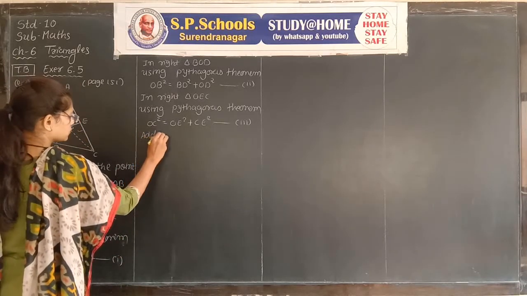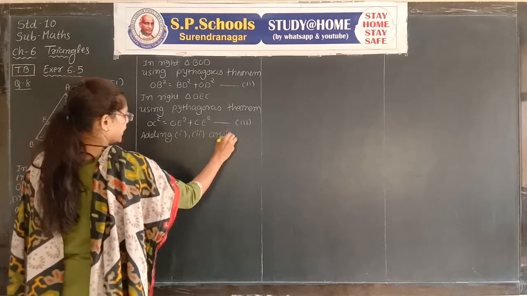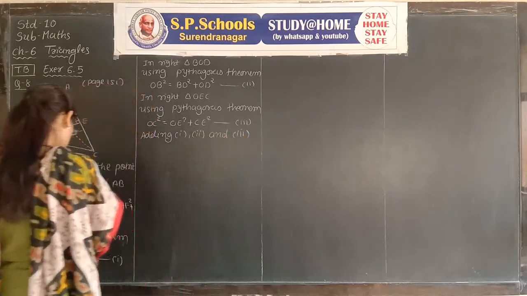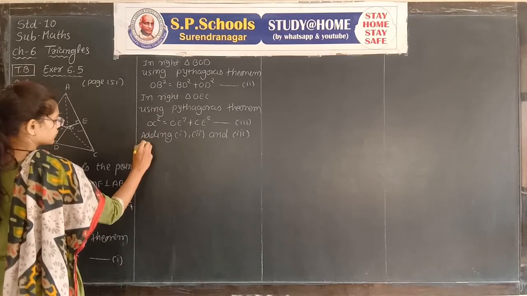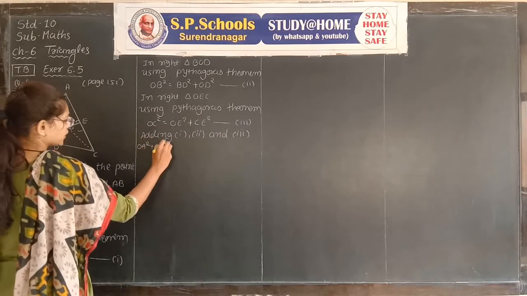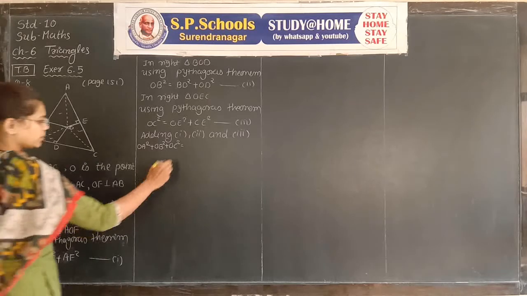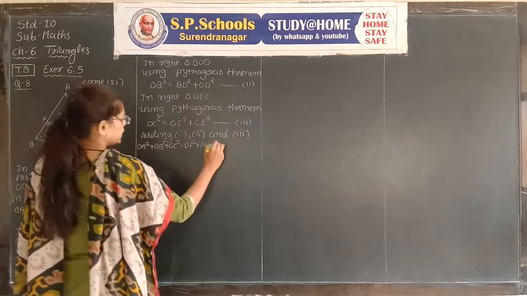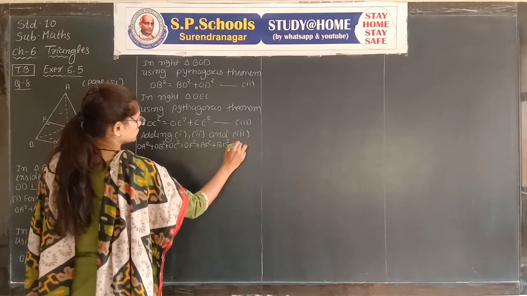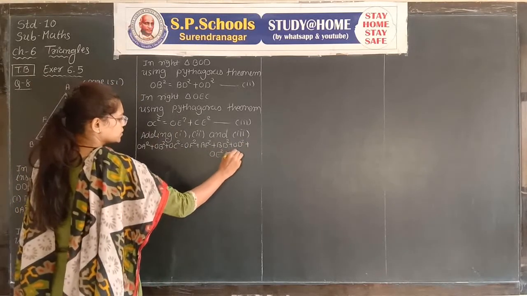Adding 1, 2 and 3, the addition of the left hand side: OA square plus OB square plus OC square is equal to the addition of the right hand side: OF square plus AF square plus BD square plus OD square plus OE square plus CE square.